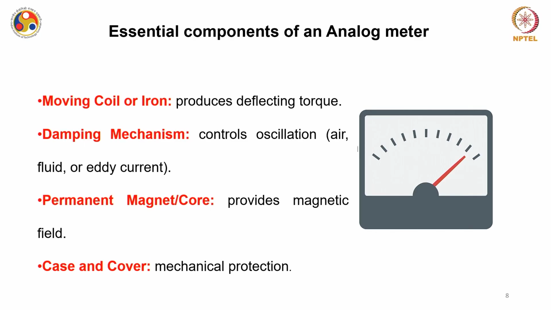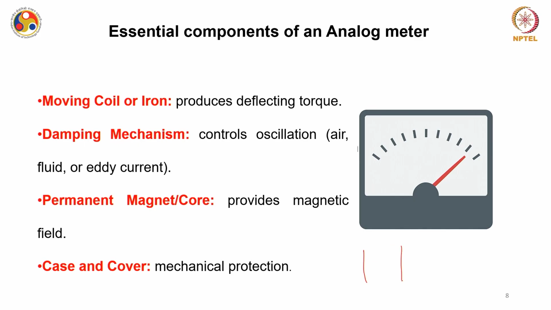Then a damping mechanism is required to avoid any kind of oscillation. In some analog meters, air can provide the damping, while for some there is a mechanism where eddy currents are produced in conductors and provide damping, or in some cases it can be provided by some other external fluids.